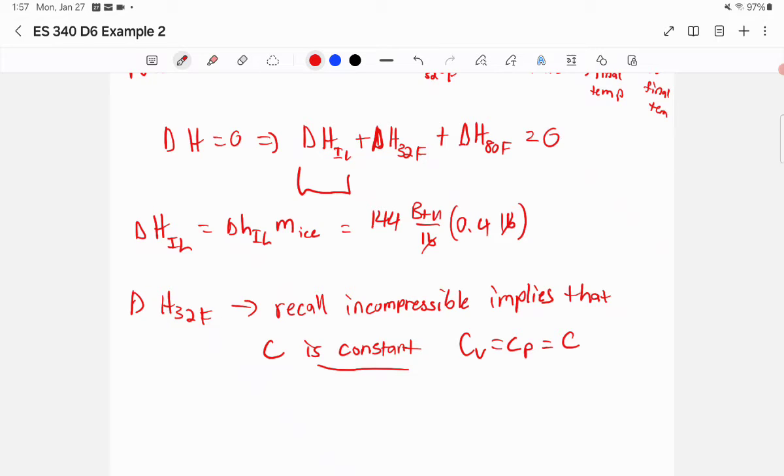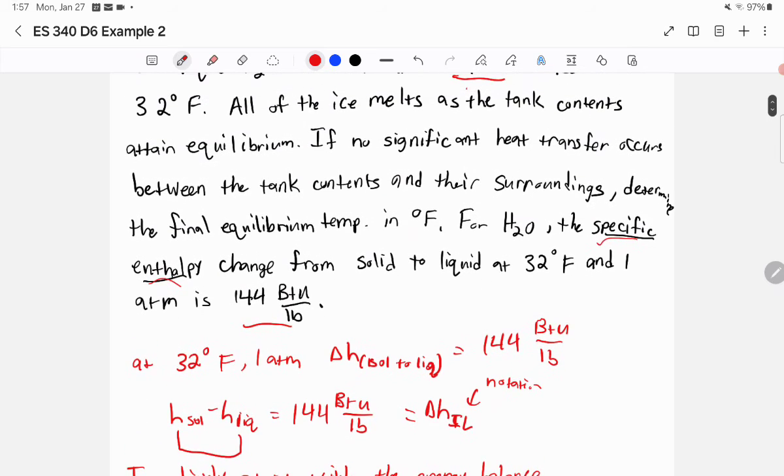So we can assume that it's constant, and furthermore, we know that C at 540 degrees Rankine, or 80 degrees Fahrenheit, which is what we have here.